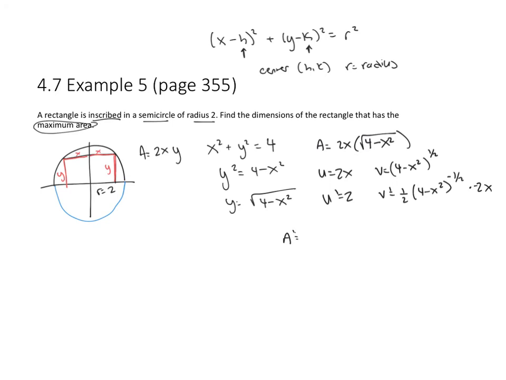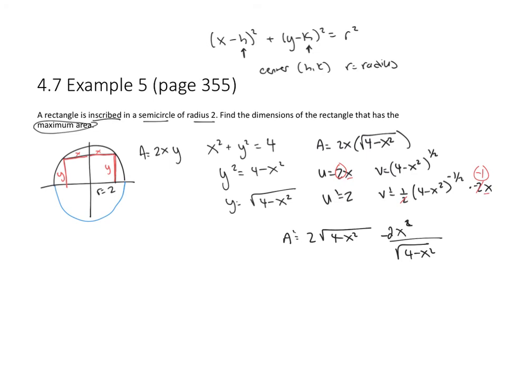My derivative is going to be 2 times the square root of 4 minus x squared, minus 2x squared over the square root of 4 minus x squared. So I simplified, I canceled that one and got a negative 1 and that 2. Then negative 1 times positive 2 is negative 2, and x times x is x squared.